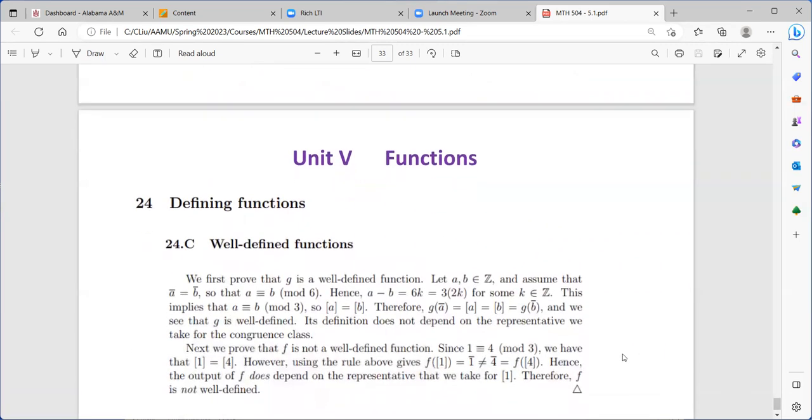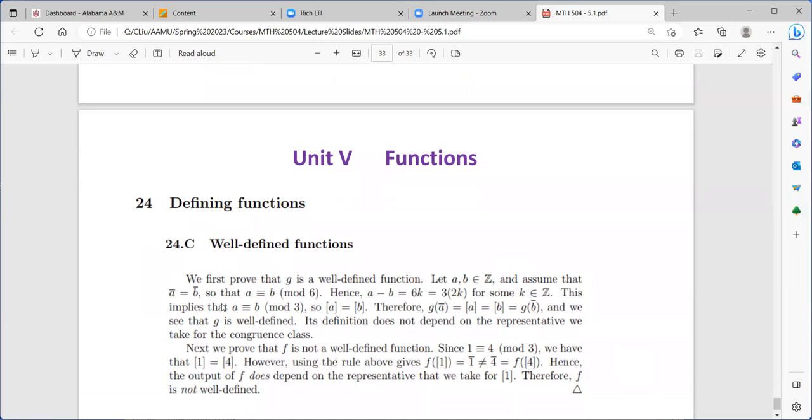What does that mean? We're claiming that A bar equals B bar. So we are taking two different integers which have the same remainder when divided by 6. So A bar equals B bar.